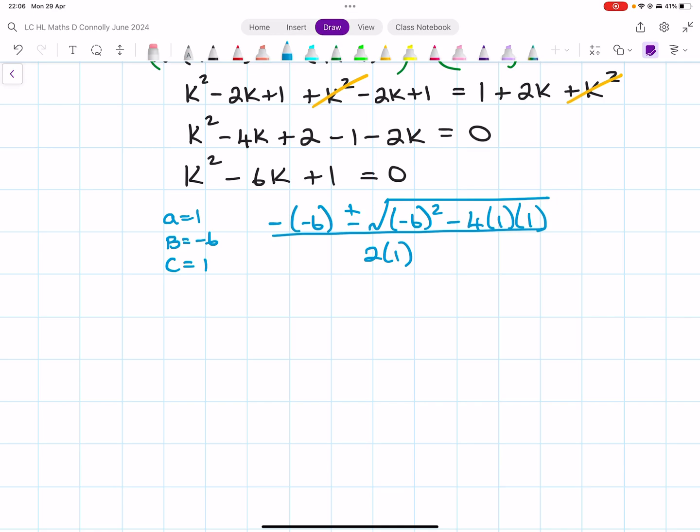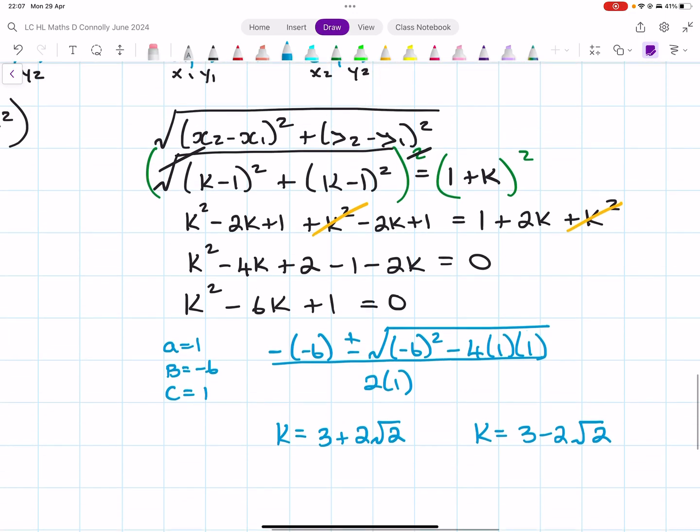Okay, so minus bracket minus 6 plus the square root of minus 6 squared minus 4 times 1 times 1, over 2 times 1. So I'm getting k equals 3 plus 2 root 2 for that one. And then for the minus, I'm getting k equals 3 minus 2 root 2.